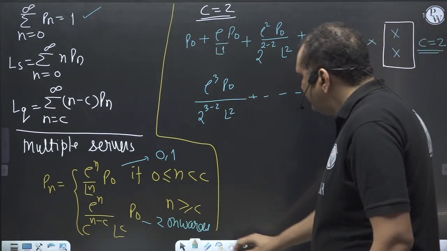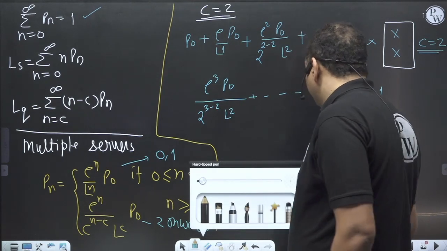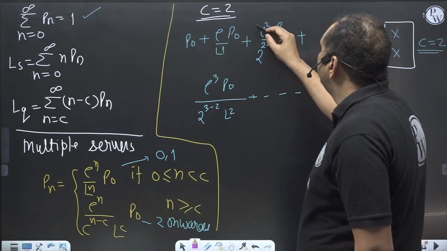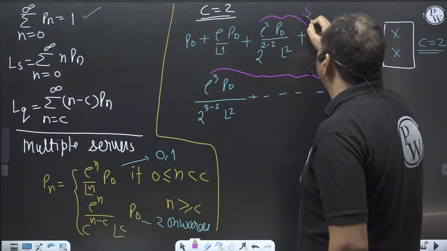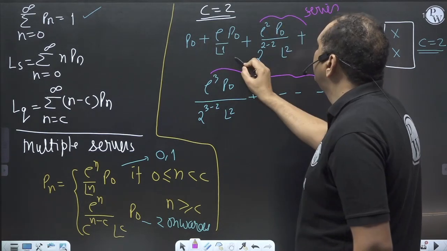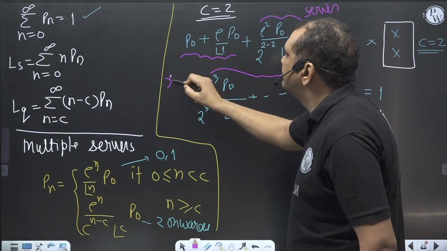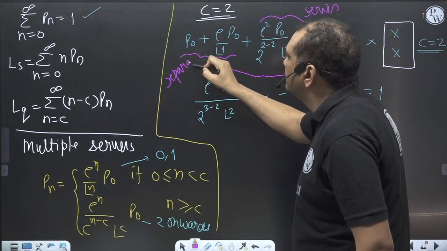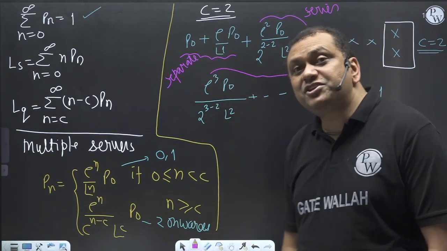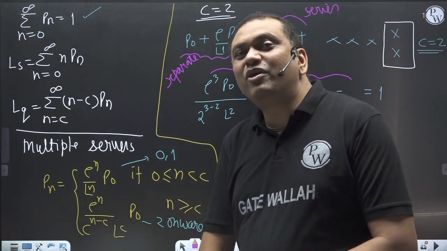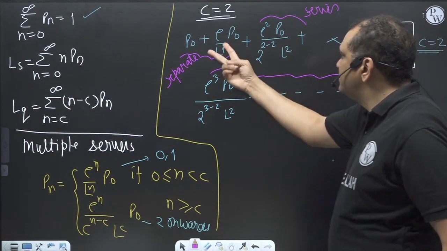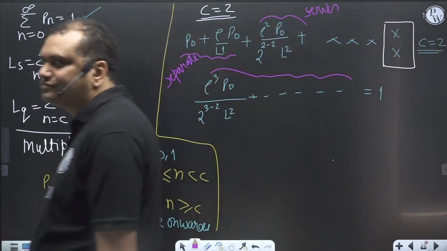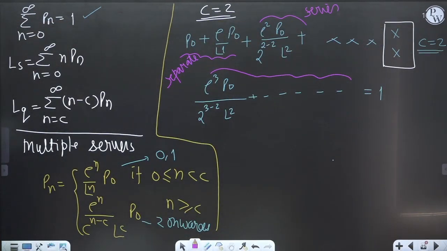So here this will be a series. Keep these 2 things separate. In the beginning of the lecture, we have done the same thing, the modified geometric series. Same thing I will do, but this will be a series, and this will be separate. As there is limited time, please keep on moving.